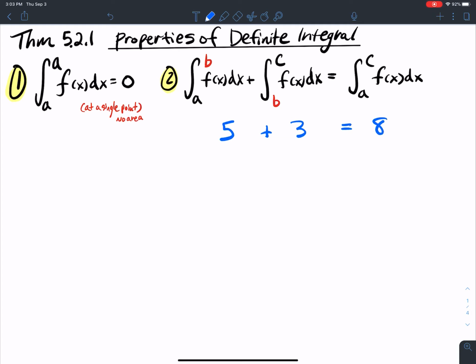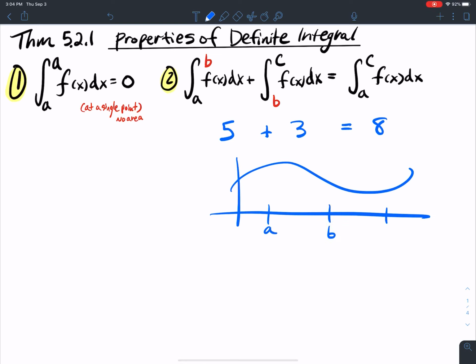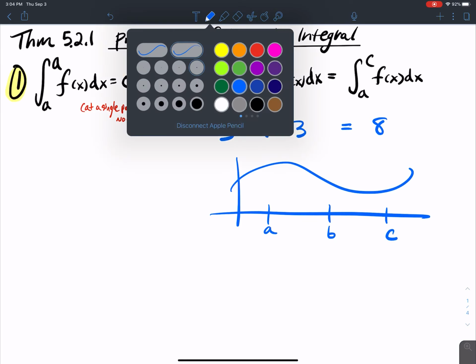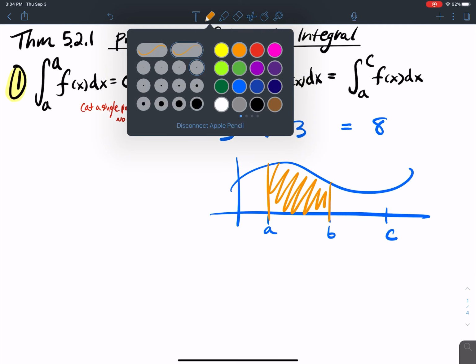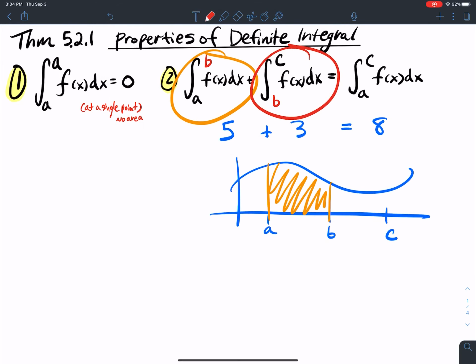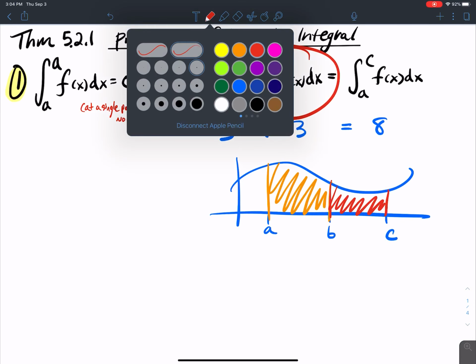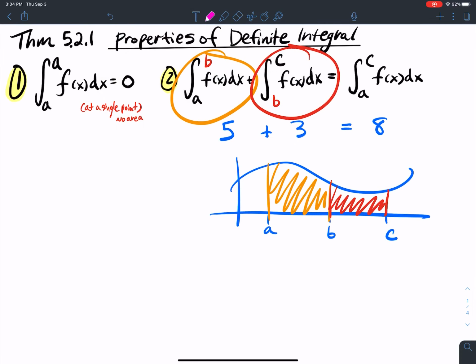So here's the idea. So we've got some curve here, and it's from A to B to C. And so what this says is, if I take this definite integral, and I get that area there, and I take this integral here, and I get that area there, then this is the same as if I add up everything from A to C, okay?